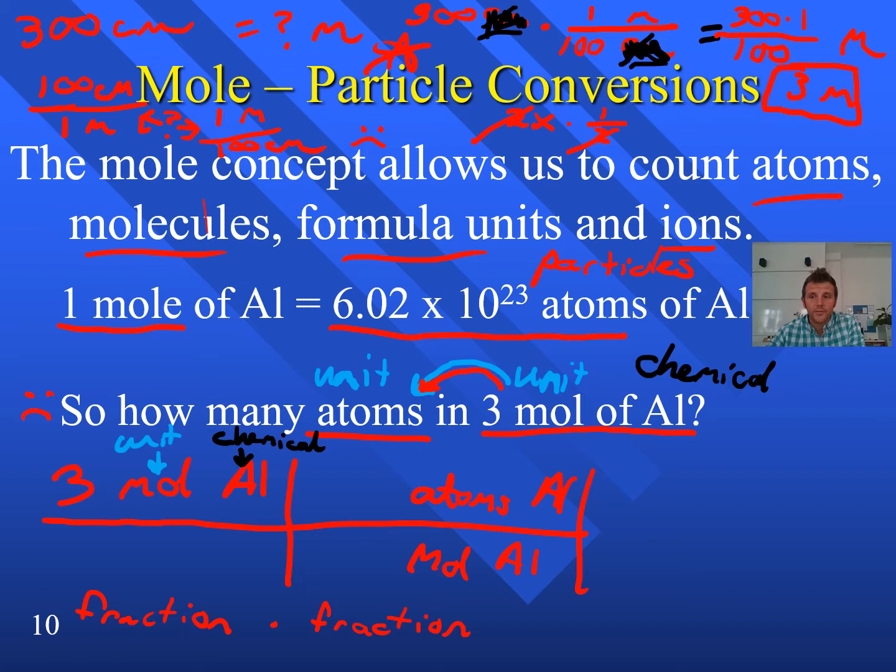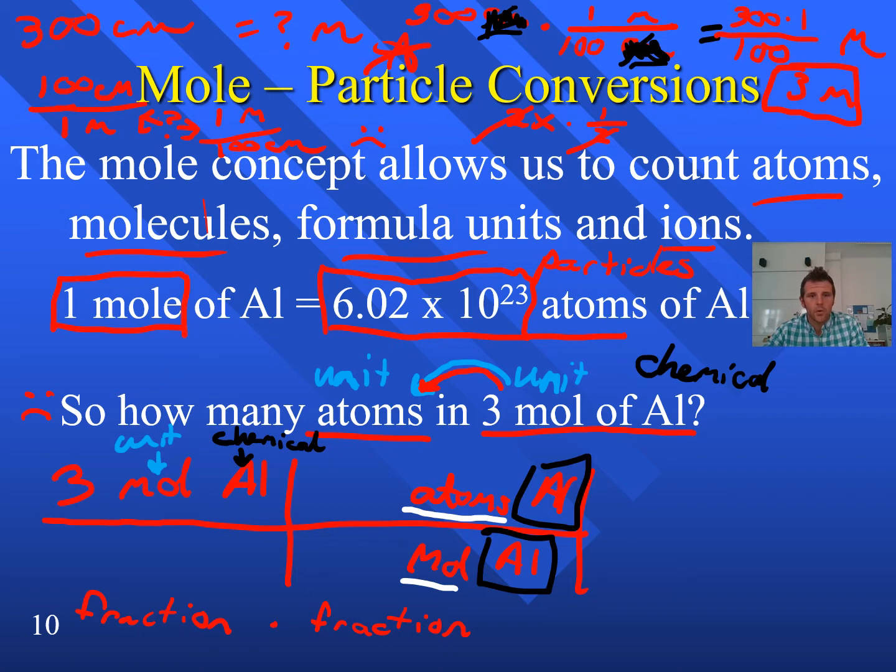Please notice, pretty please, I'm choosing to change the unit, therefore my chemical must stay the same. Aluminum never changed within the fraction. I'm only changing the unit. And since that's the case, now that I have my fractions set up, what I can do is just take my respective numbers and put them with what they go with.